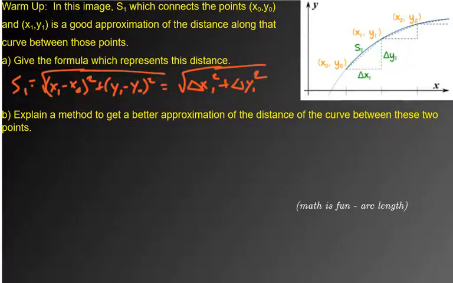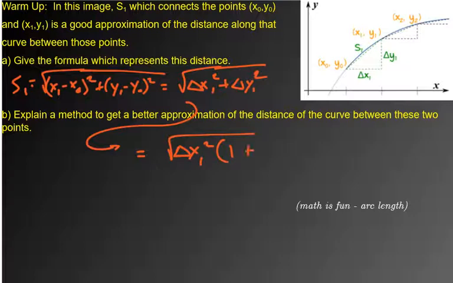And if you do some clever algebra, you can write this. I'm going to go down here, because I did not give myself enough room. You can write this as delta x1 squared times 1 plus delta y1 squared over delta x1 squared.